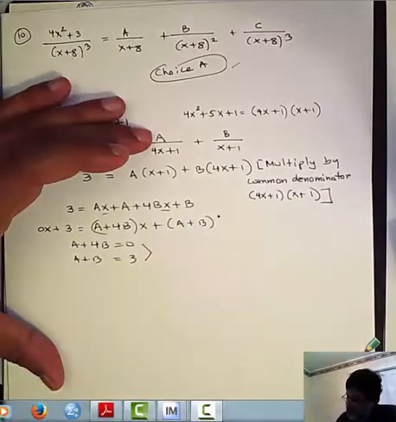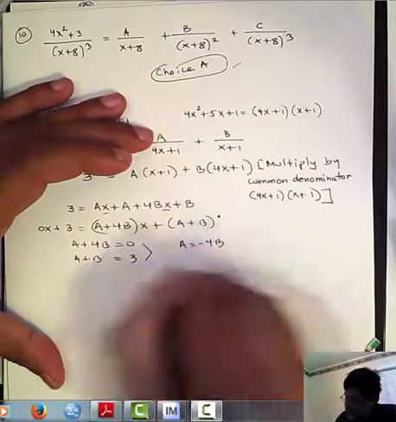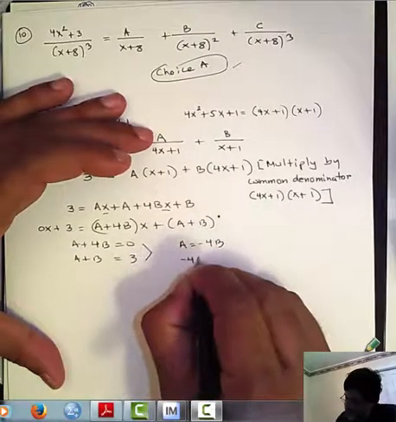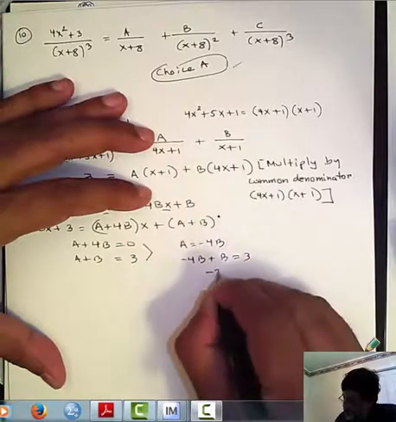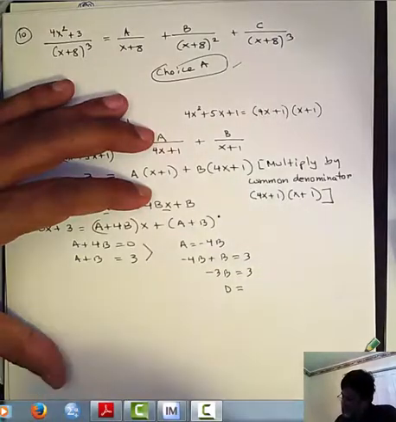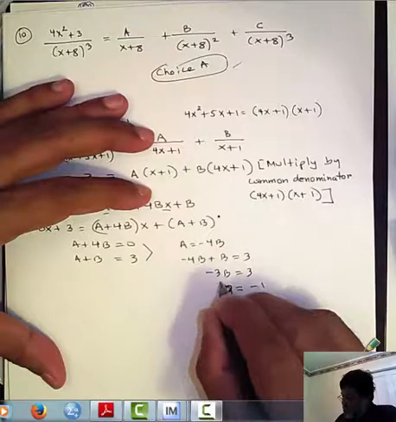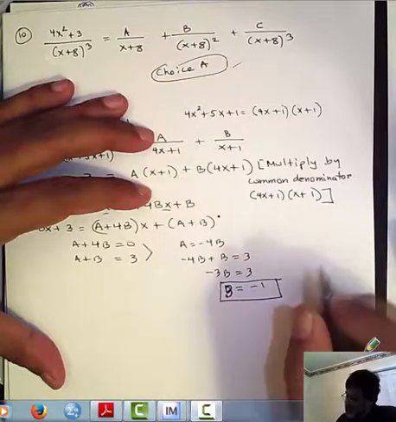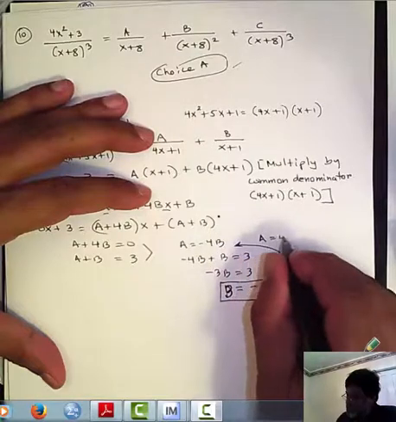So I'm gonna just substitute a is negative 4b into here. So I found b to be negative 1. If b is negative 1, a is 4.